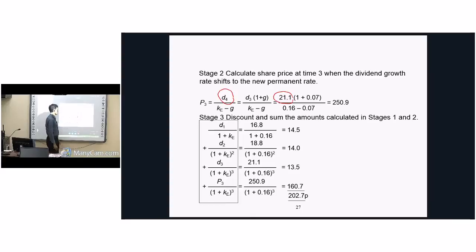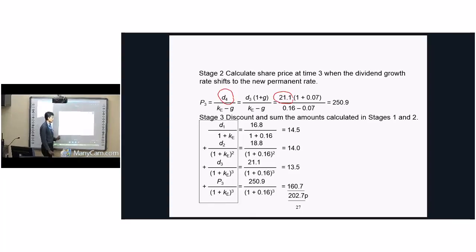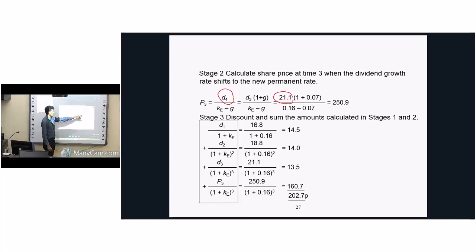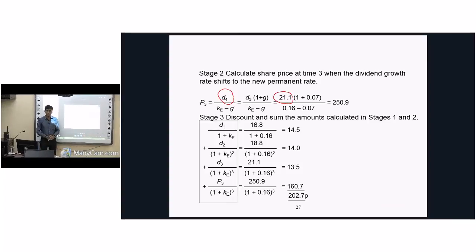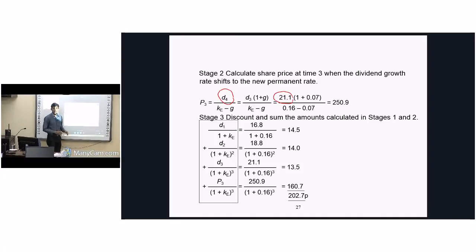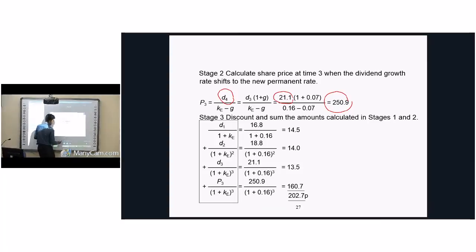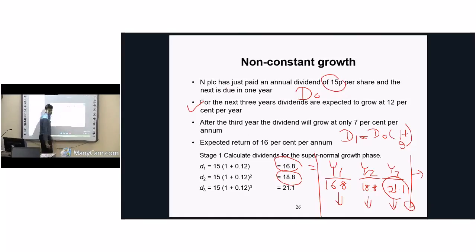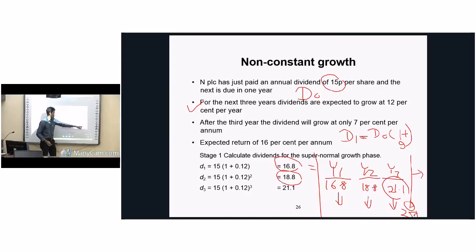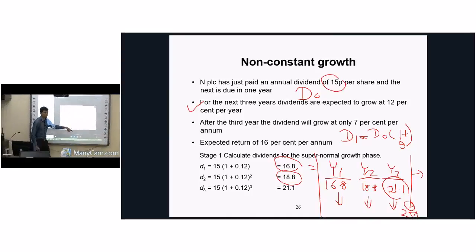That you will get 250.9. But you need to keep in mind, is this 250.9 today's price? No. You will get the end of year 3 price. Whatever the figure that you will get is this 250. Fine. So if at the end of the year 3 it is 250.9, now we can calculate the present value of that also.